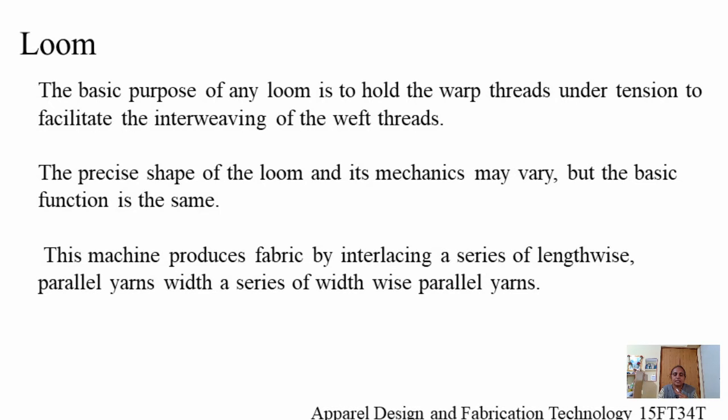Warp yarns are wound on the warp beam, so they are fixed. We are going to interlace with the weft yarns, that is, the widthwise yarns. This is the basic purpose of the loom. The shape of the loom may vary, but the function is the same. What is the function of the loom? That is used for the construction or manufacture of the fabric. So the basic function of any loom is the same, but the shape and the mechanics may vary.